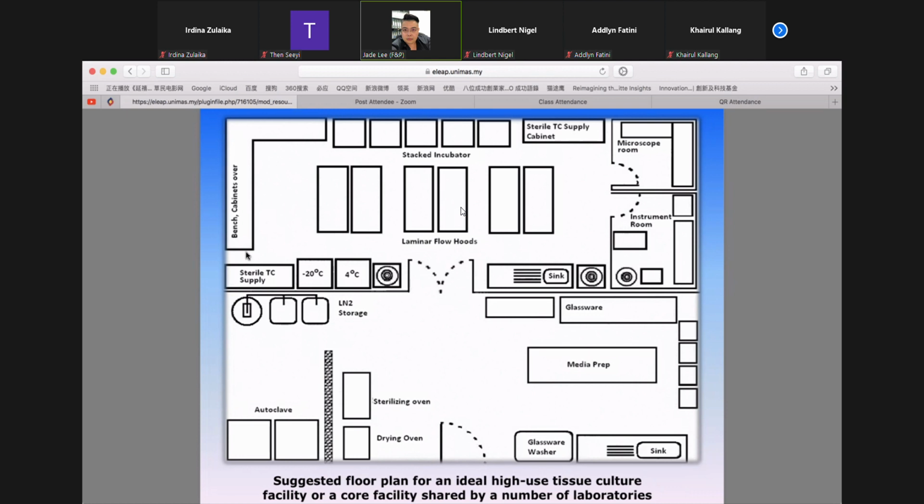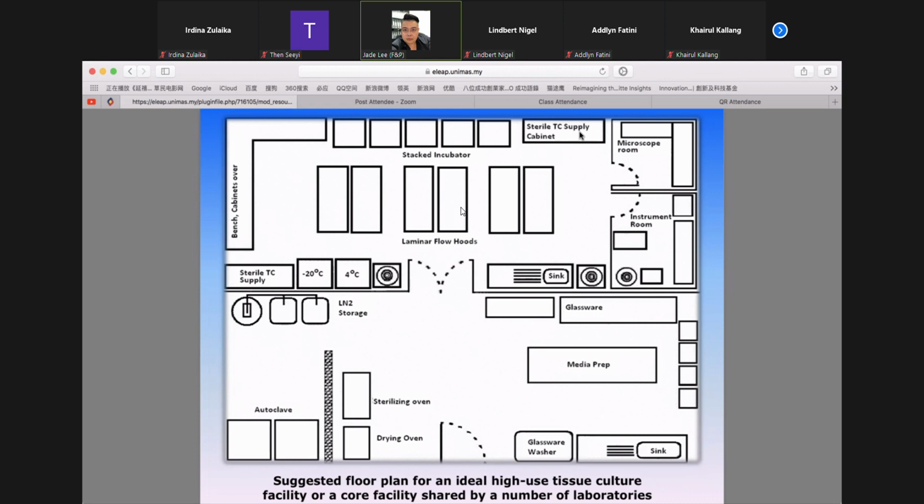And you should also have the bench and also the cabinets over here. And you also have the sterile tissue supply cabinet here to separate your supplies from other chemicals and also equipment, right? So this is the more advanced high-use tissue culture facility shared by a few labs, all right?